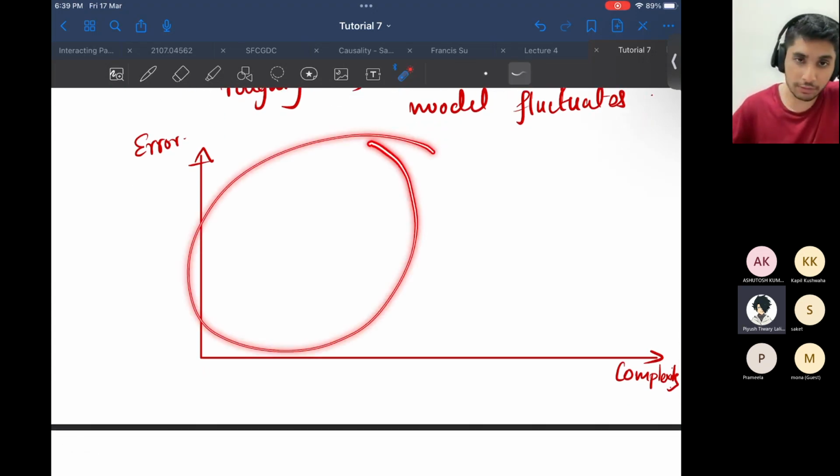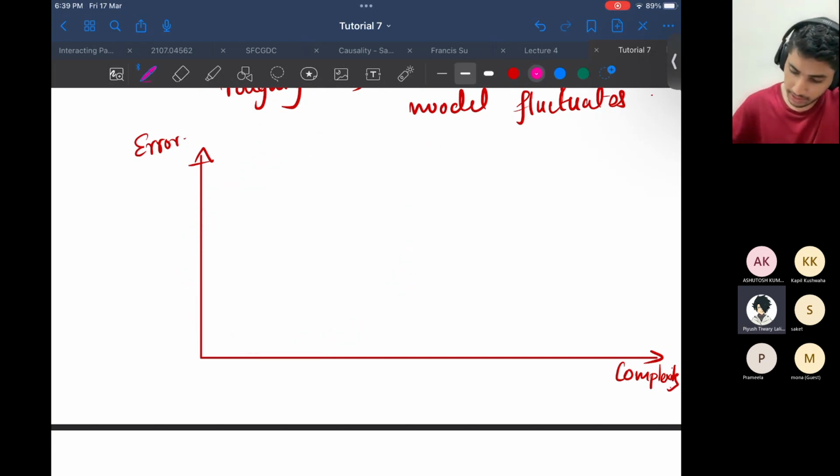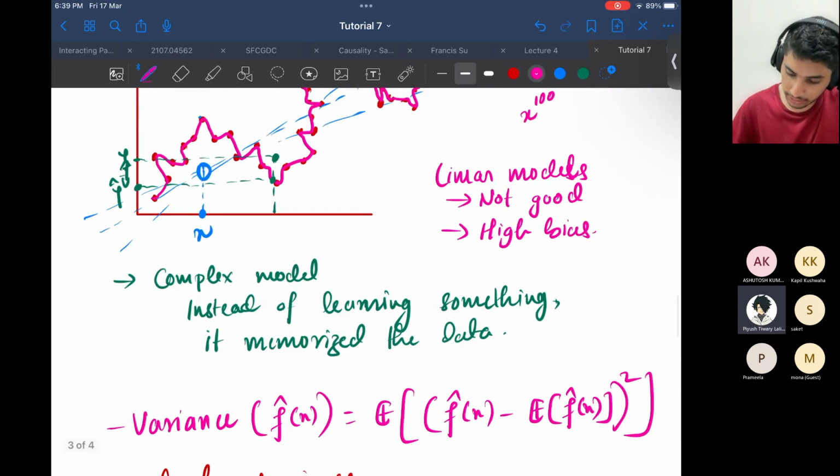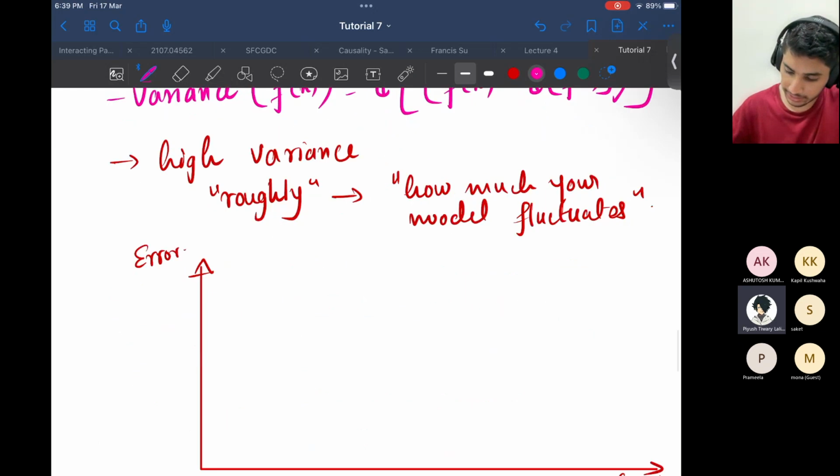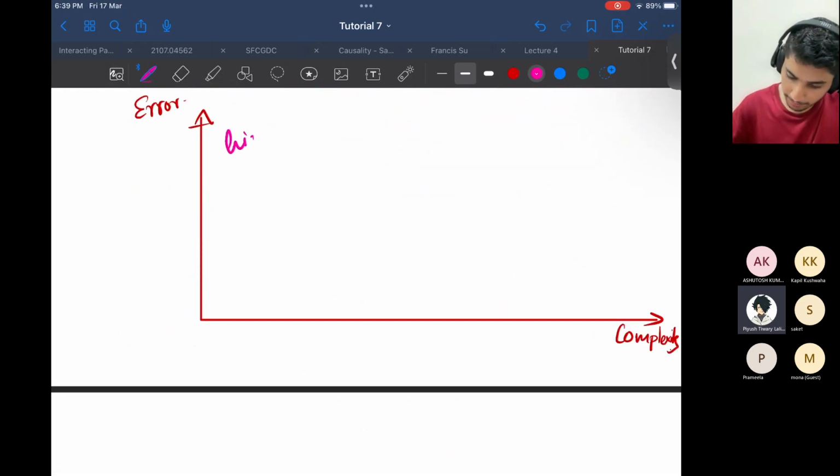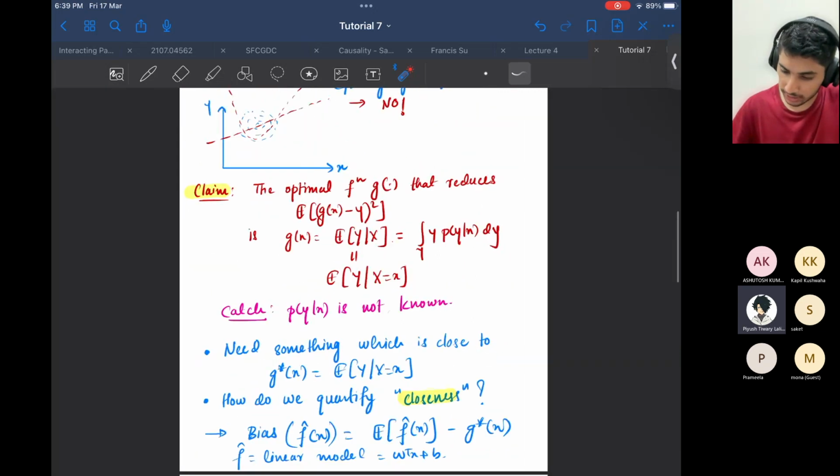this region of this graph is what should have, so we saw that for linear models, it has high bias, right? So what do we mean by high bias? This is exactly what we saw here, right?